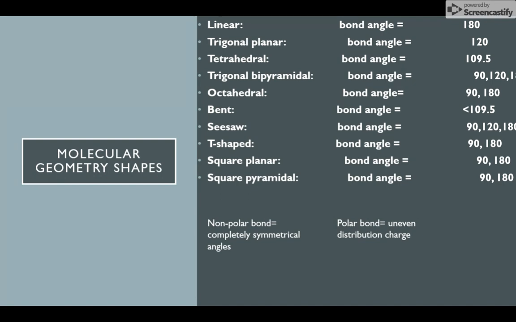So if it has a 180 in there, it's not going to have a dipole moment because the dipoles are just going to be pulling at each other. It's just going to be a competition, and they're just going to cancel each other out. But if they have an uneven distribution of charge, then there will be a dipole moment because they're going the same way. They're not pulling at each other.